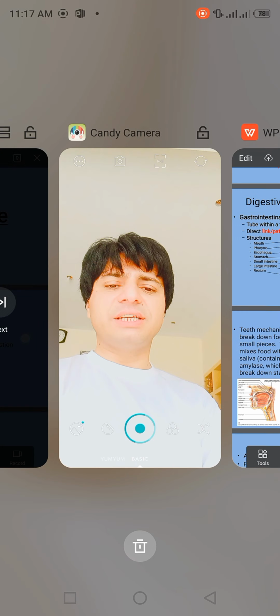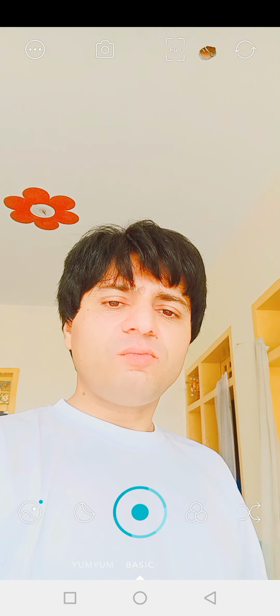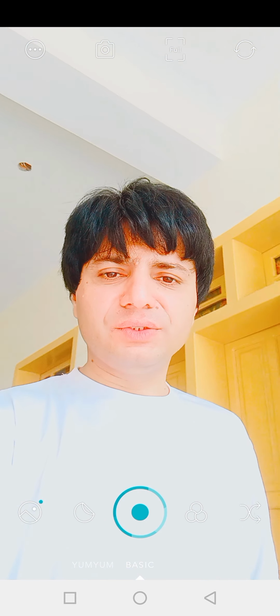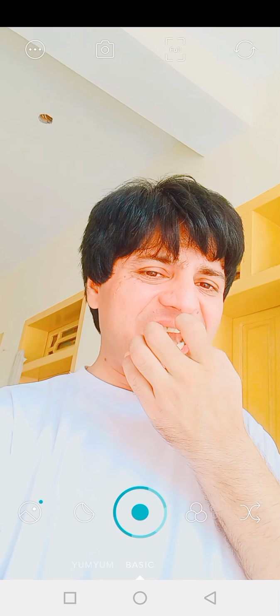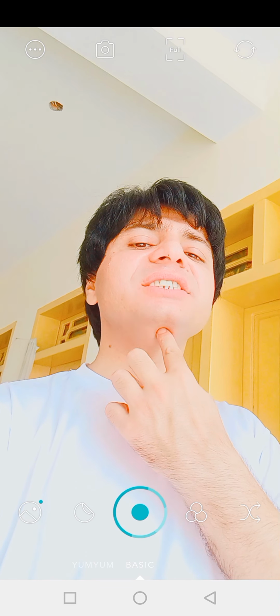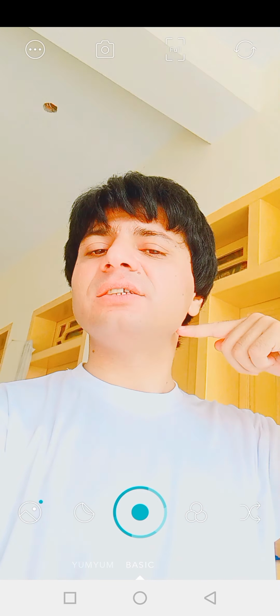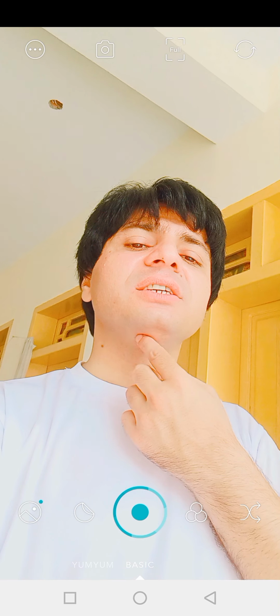You can see the mouth, esophagus, stomach, large intestine, and small intestine. At the mouth is the pharynx, and inside the pharynx the esophagus starts.